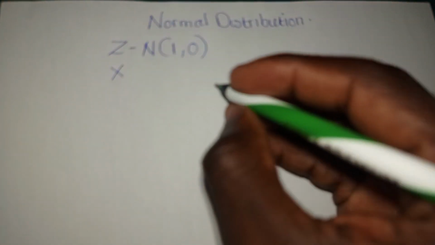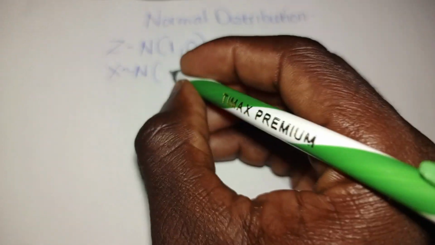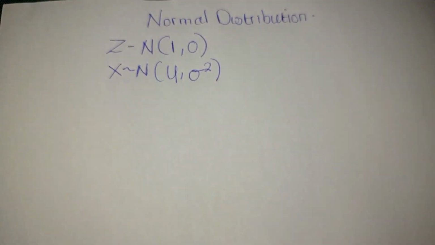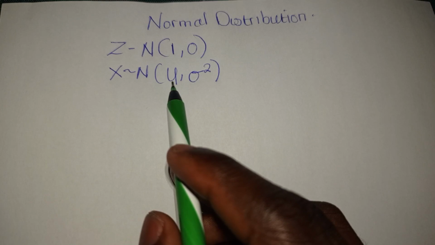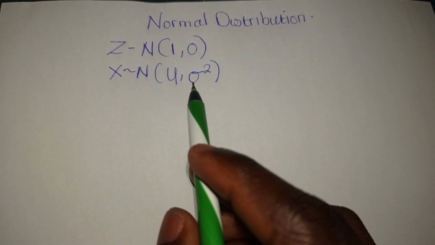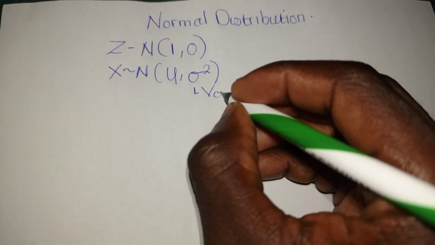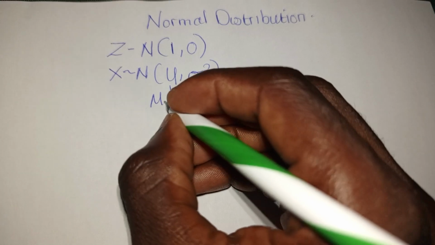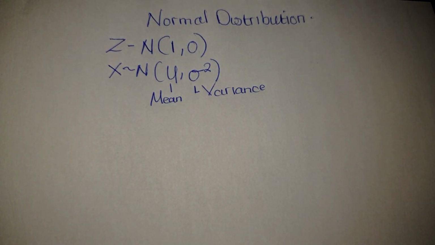So if X is normally distributed with mean mu and variance sigma squared, remember we refer to mu as the mean, and we refer to sigma squared as the variance. In other words, the mean is mu, as it is called by many.